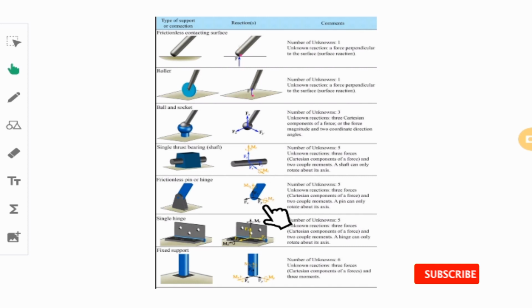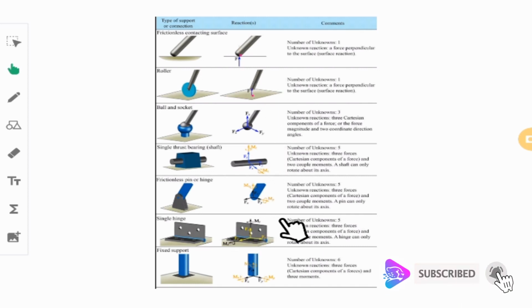Having the knowledge of these reaction forces, you can figure out how many moments and reaction forces to put on the connection points, and start to match the number of equations and the number of unknowns.